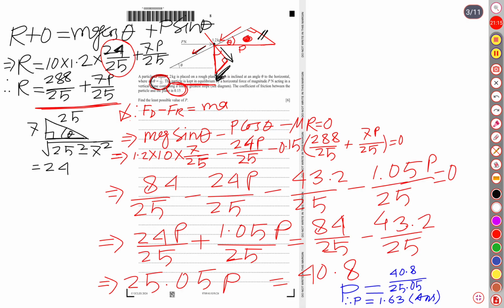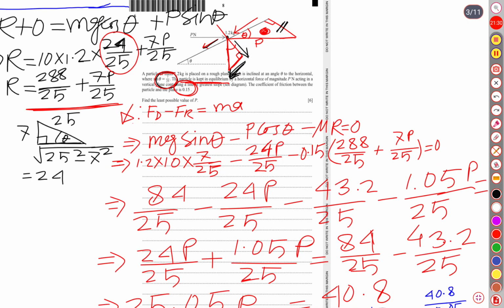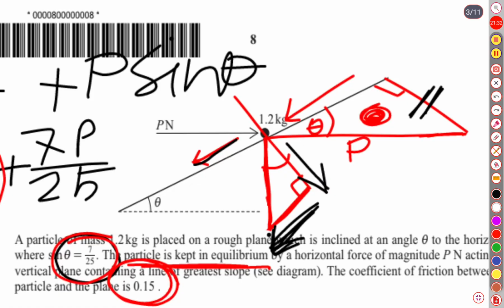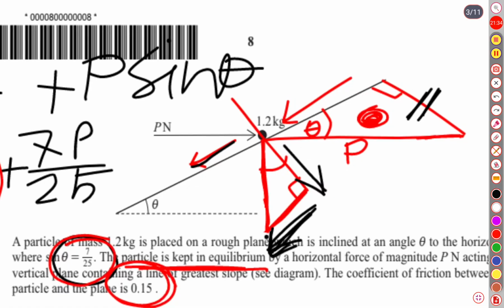Well, then here you may raise a question: why isn't there any upward force? The answer is, look at this P. If you look at P carefully, P is just horizontal, parallel to the horizontal ground.